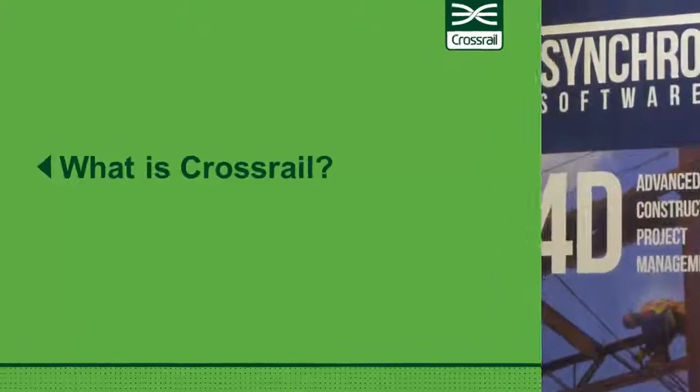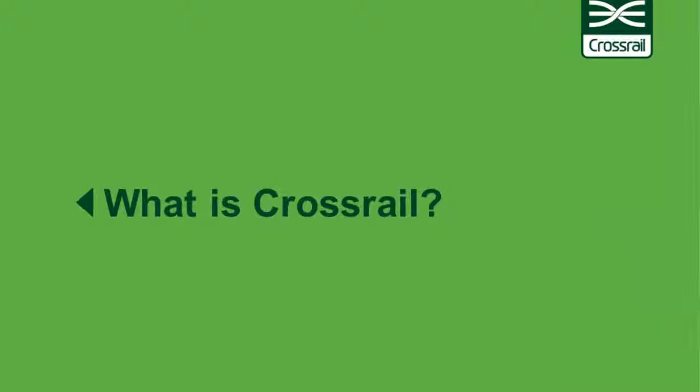So what is Crossrail? Crossrail is a new railway for London and the South East. It runs for about 120 kilometres from Reading in the west of London out to Shenfield and Abbey Wood in the east. The project can be roughly split into two parts.